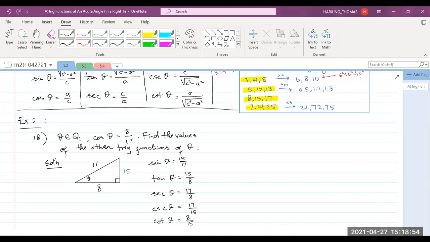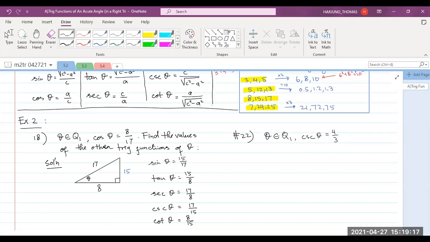Okay, and that applies to other types of questions. It doesn't have to be cosine. Let's say number 22, theta is in quadrant 1, and cosecant theta is 4 over 3.